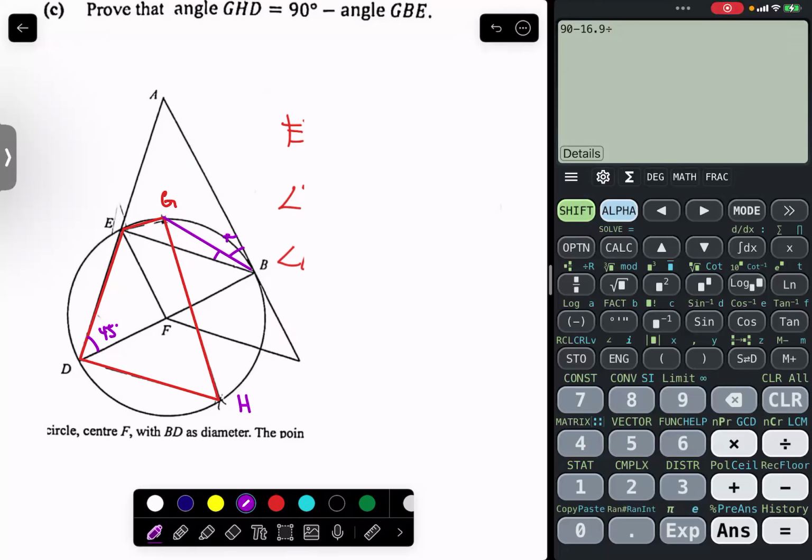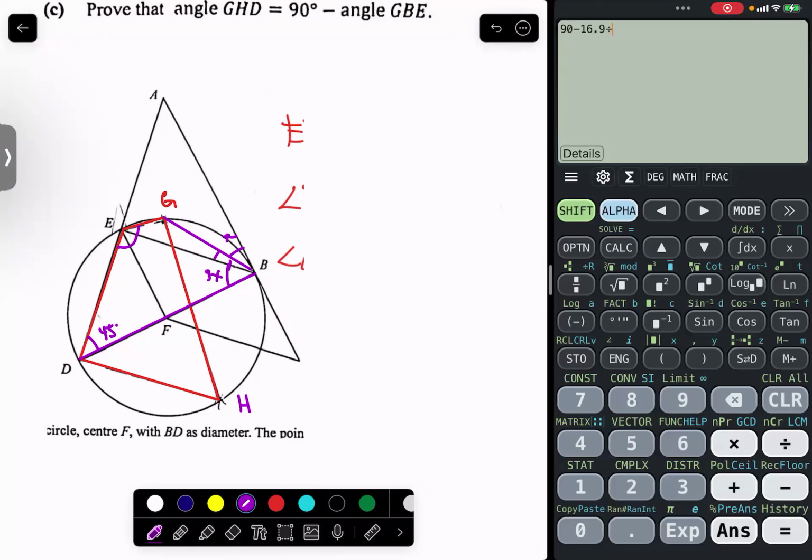Okay, so this one should be easier because this is also cyclic chord. And this angle is 3x. Let's call this 3x. And then this angle will be 180 minus 3x.